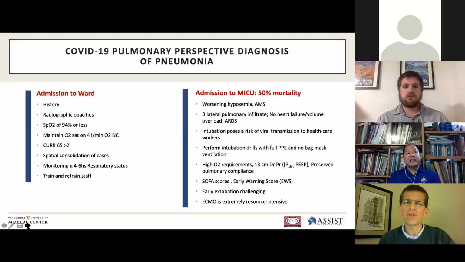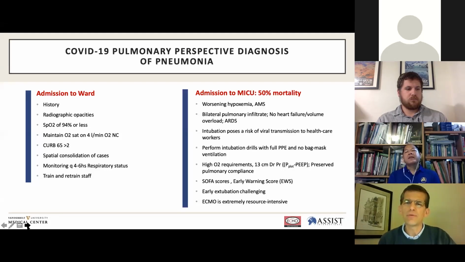When the patients are getting worse, hypoxia typically worsens. They present with altered mental status. They may have worsening pulmonary infiltrates and get acute respiratory distress syndrome.